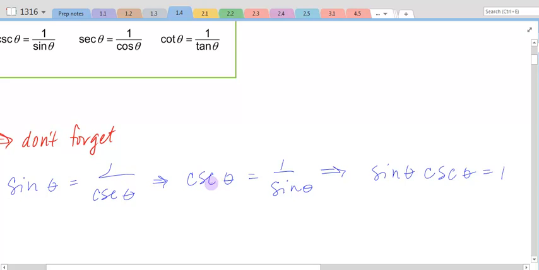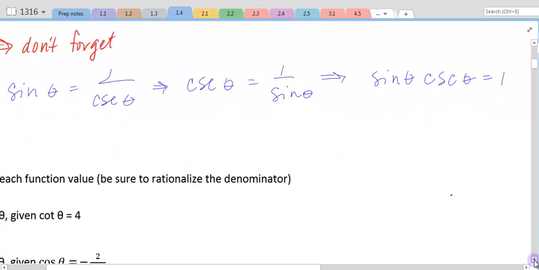Another way to rewrite that is to say the cosecant of theta would be equal to 1 over the sine of theta. And finally, if I were to multiply both sides of this equation by the sine of theta, I would end up with the sine of theta times cosecant of theta is equal to 1. So here I have a single identity relationship that can be represented 3 different ways.